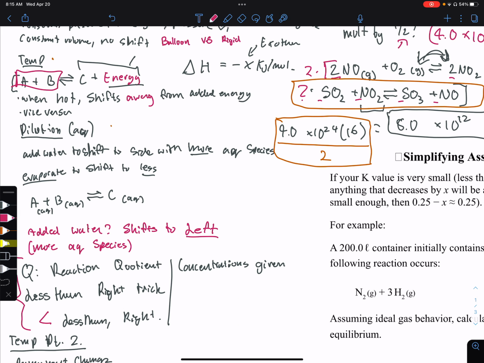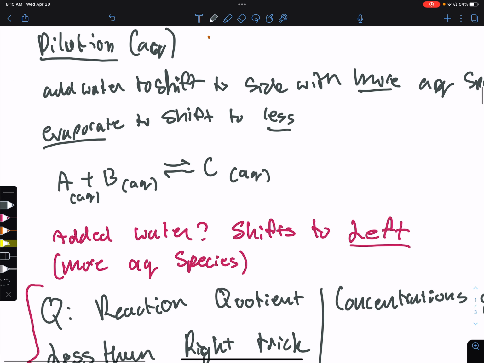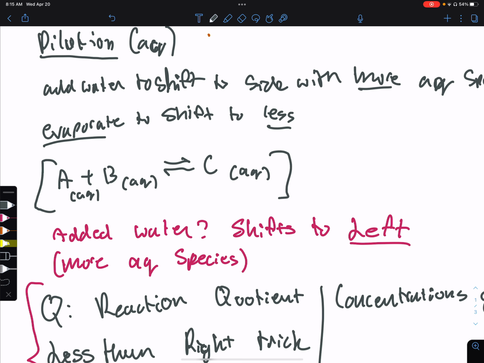Dilution deals with aqueous substances. So if we add water, it shifts to the side with more species, it evaporates. So essentially, we have an equation here. If we add water to this, what would happen? It shifts to the left because there's more aqueous species there.